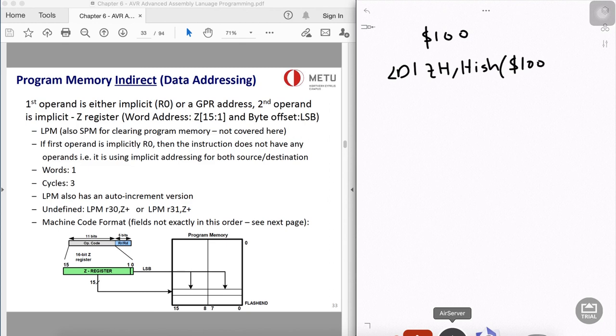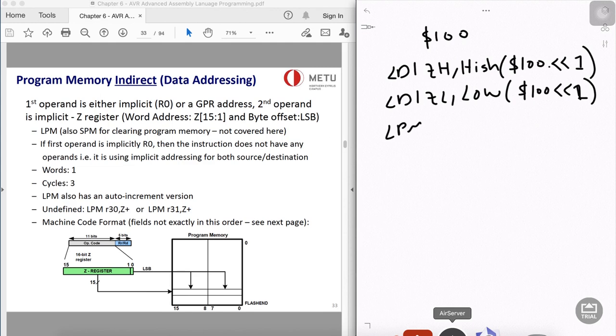Shift it 1, and then LDI ZL low 100, shift it 1. Okay, and then LPM R16, Z. So the high bytes and the low bytes can be read like this, and we can easily get the contents of the Z and copy it into R16.